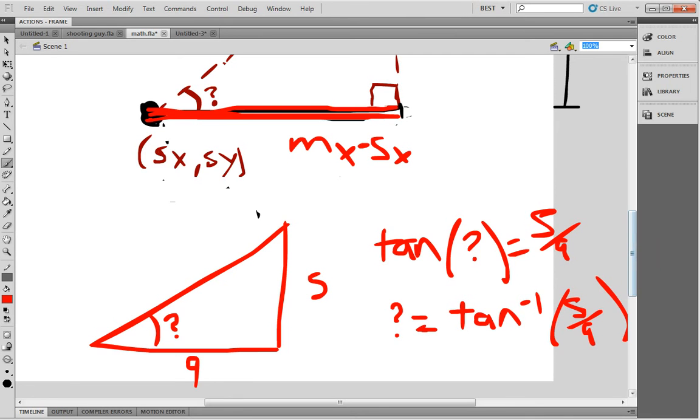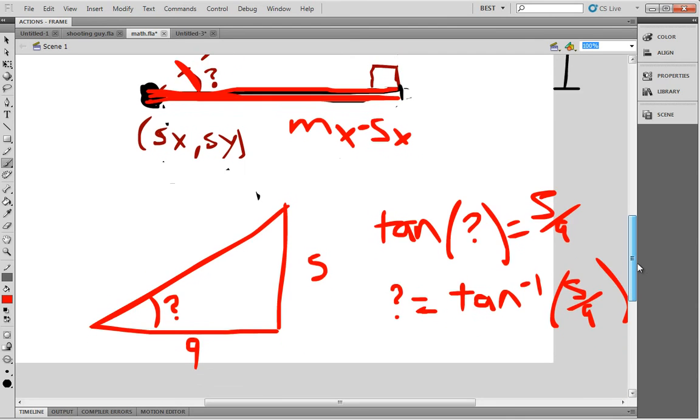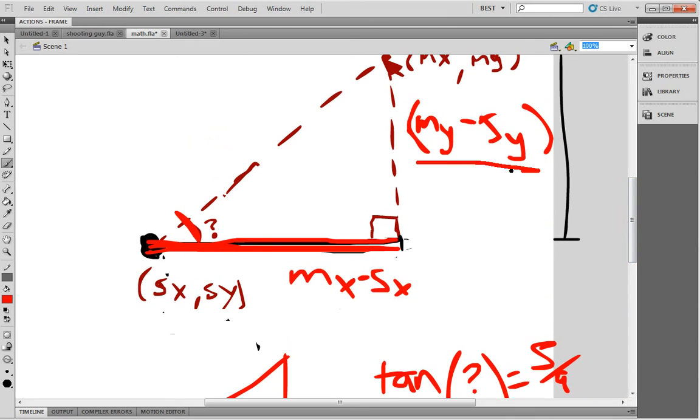So if we want the angle right there, we do the same thing. We do the opposite on the adjacent, and we do tan inverse of that, and it will give us the angle.